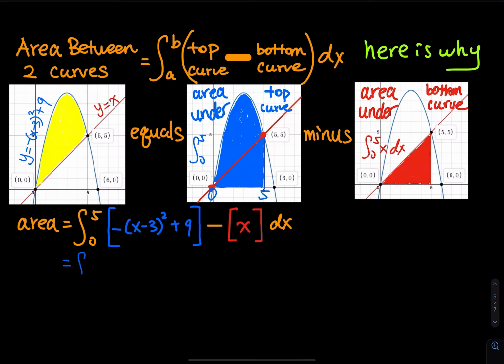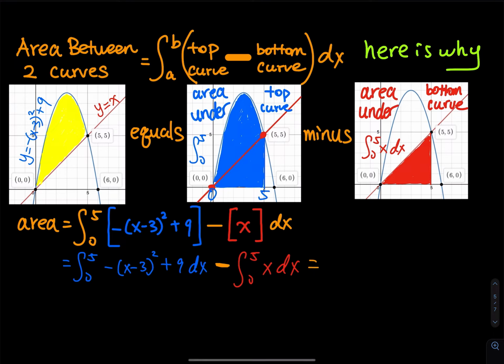The first one is from 0 to 5 of negative (x minus 3) squared plus 9, dx, and then we subtract, in red, the integral from 0 to 5 of x dx.